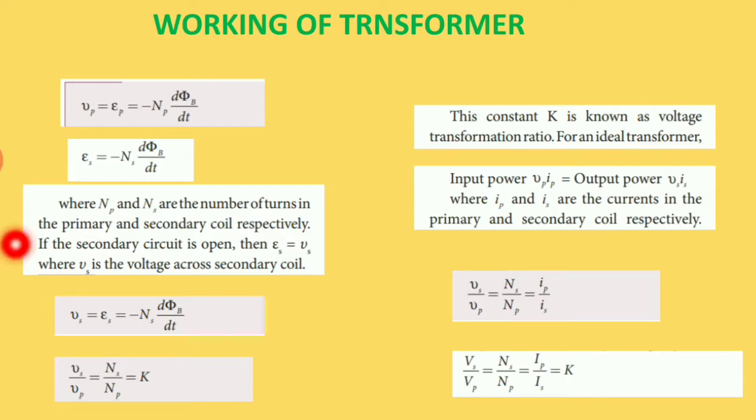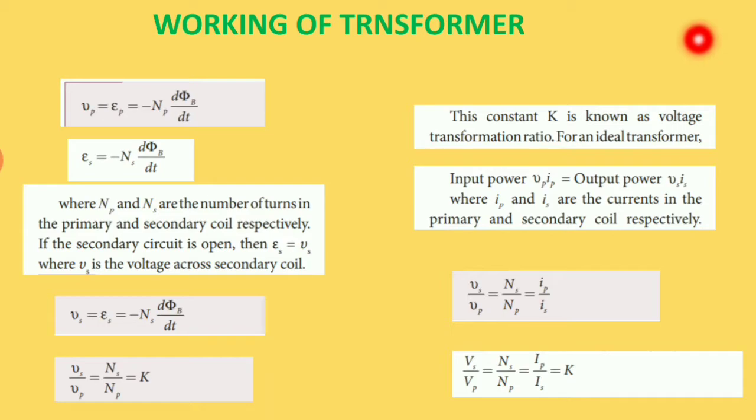This is equation number 2. From equations 1 and 2, we get Vs by Vp is equal to Ns by Np is equal to K. This constant K is known as the voltage transformation ratio.